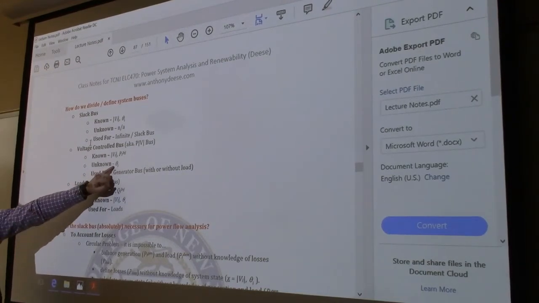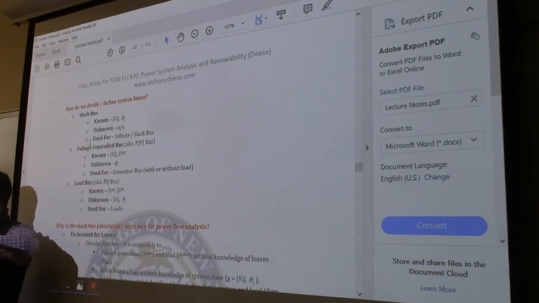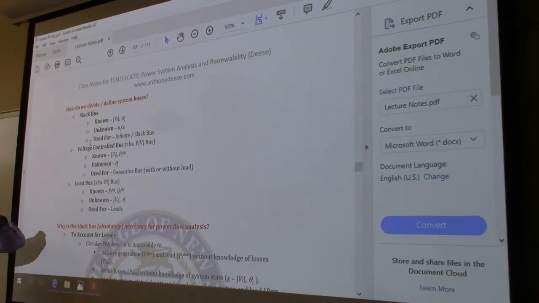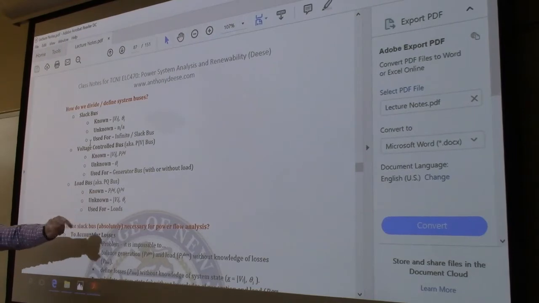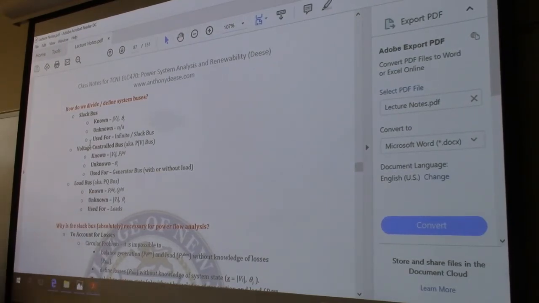Normally what we're going to be solving for is the voltage angle. We have the load bus, also known as the PQ bus, and for that one, the scheduled real and reactive power injections are known. We don't know the voltage magnitude or the voltage angle.